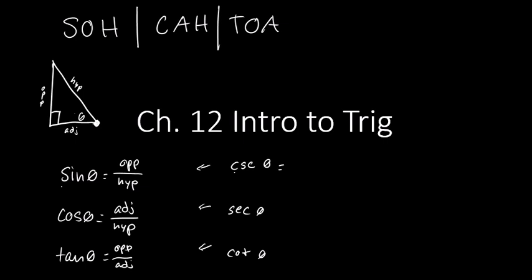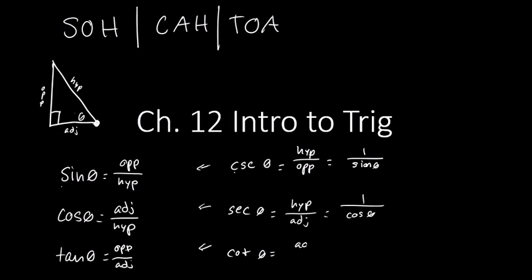So the cosecant is the hypotenuse over opposite, so you can see its relationship with sine. If you don't have a nice fraction that you can flip, you can take the reciprocal of sine, so 1 over the sine of theta. The secant has the same kind of relationship: the hypotenuse over adjacent, or 1 over cosine of theta.